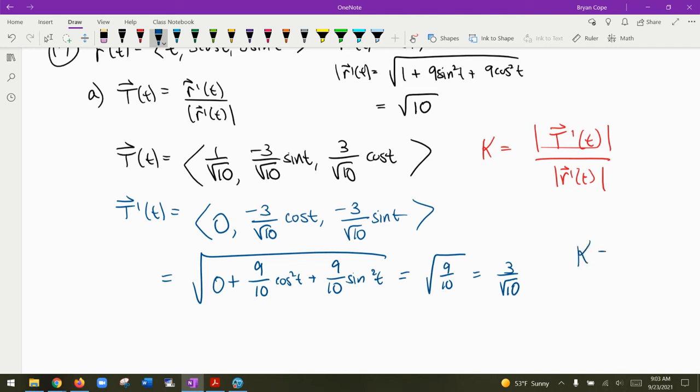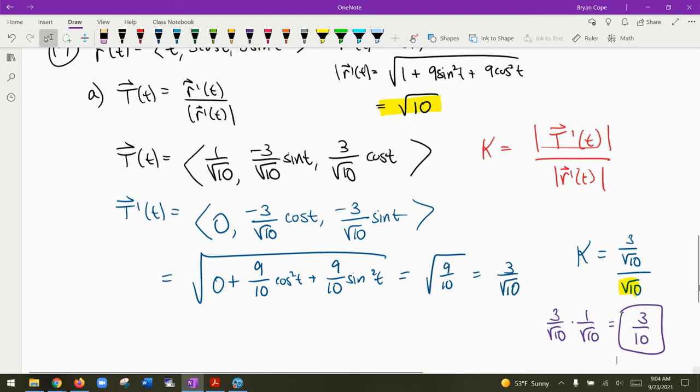So our curvature is 3 over root 10 divided by root 10. We had that from before, right here. So 3 over root 10 times 1 over root 10 gives us an answer of 3/10. So the curvature of that helix is always 3/10. Cool.